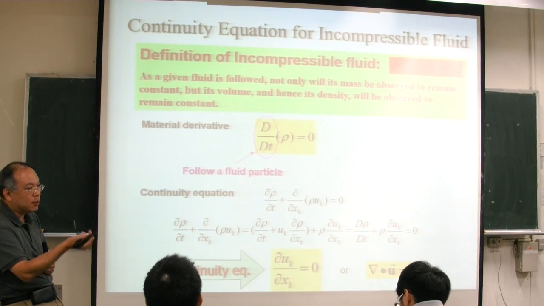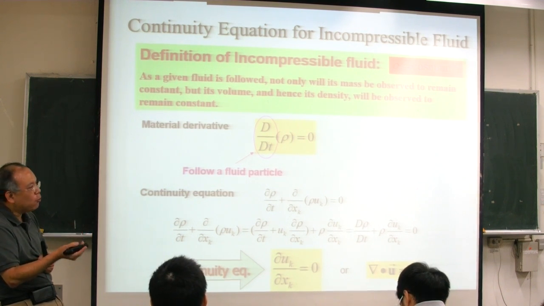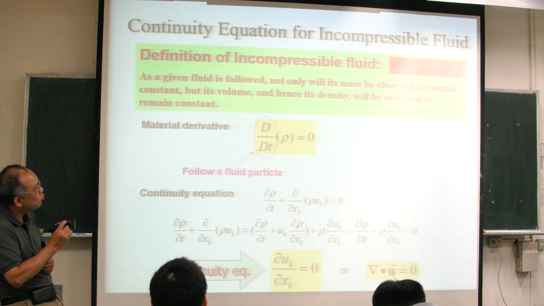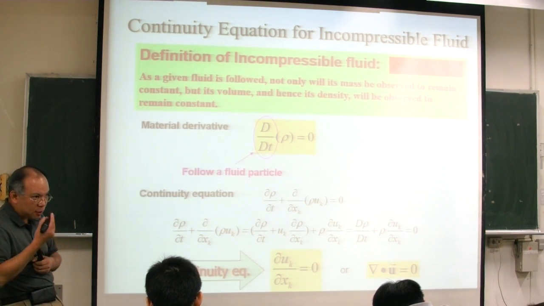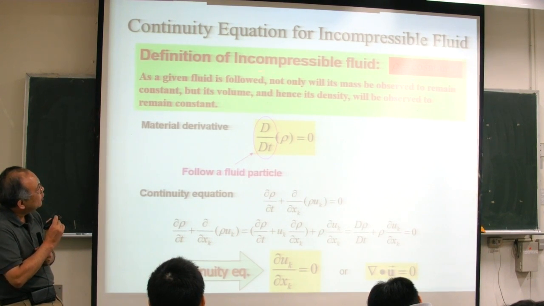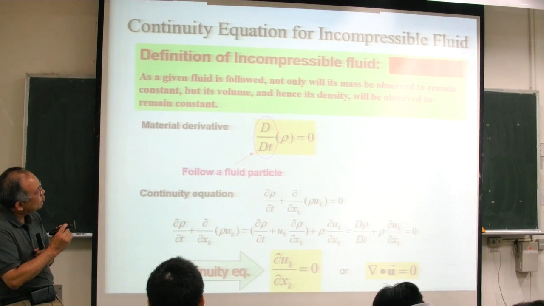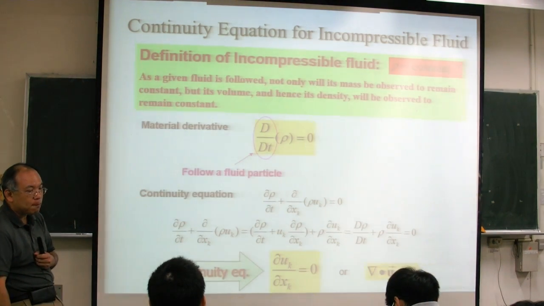But in graduate school, this is no longer true. Rho equal to constant has a question mark here. Question mark means it's true, but it's not always true. For the incompressible fluid, the definition is not rho equal to constant anymore, if you are a graduate student.